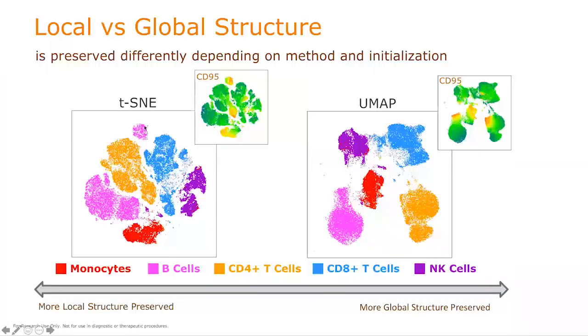So events within this island are going to be similar to each other, but you cannot make any inference that the position or relationship between islands has any meaning here, because you will get this fracturing and will find your CD8s will start having islands all over the place.